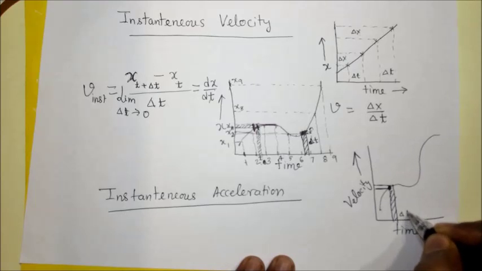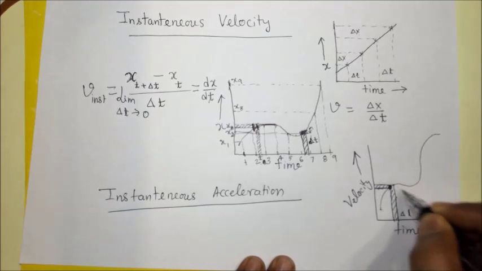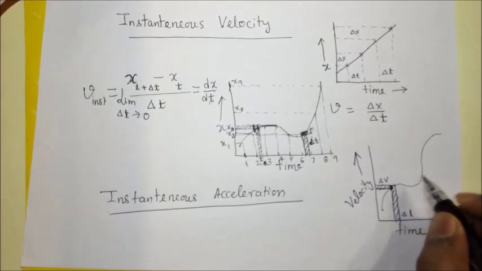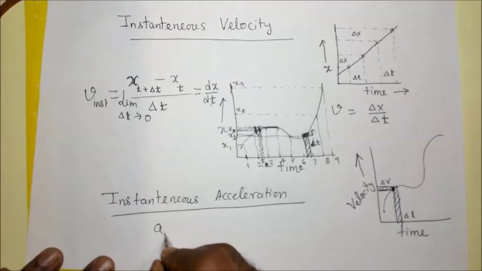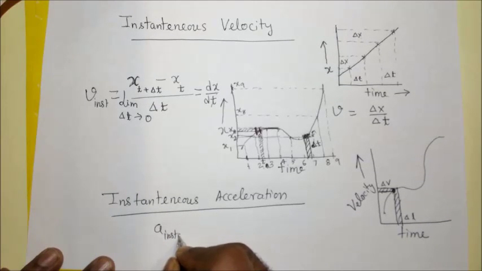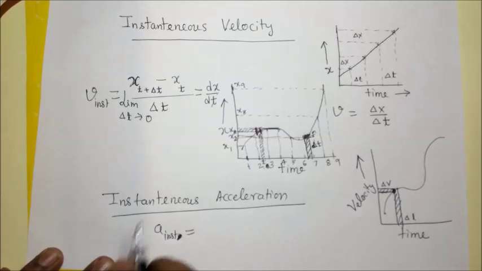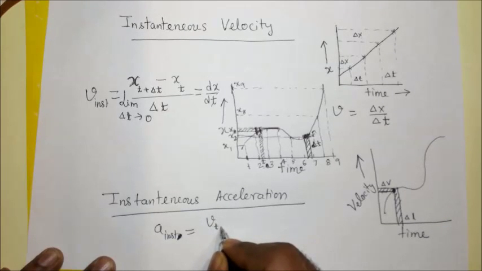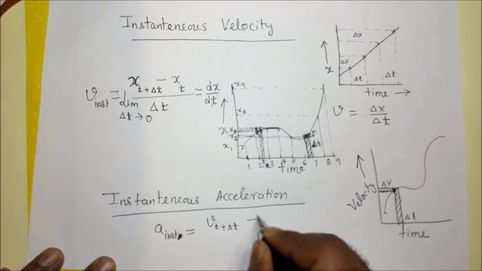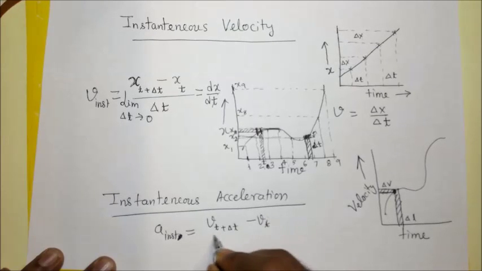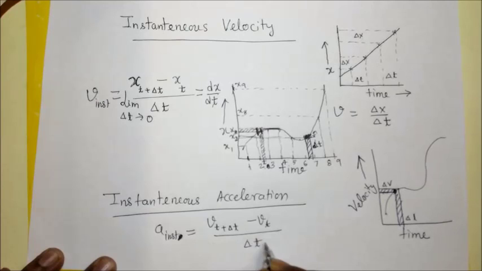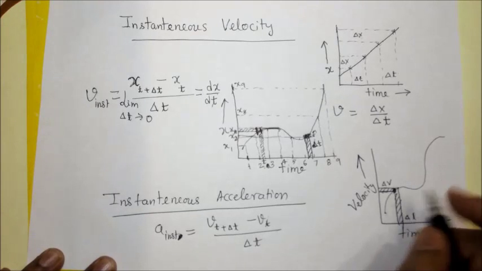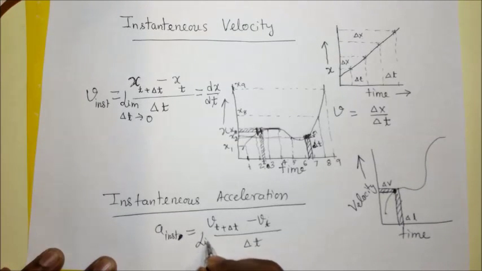This is delta t, this is delta v. So a instant is equal to v(t plus delta t) minus v(t) over delta t, and this delta t you shrink so much that it comes to this point. Limit delta t tends to 0.